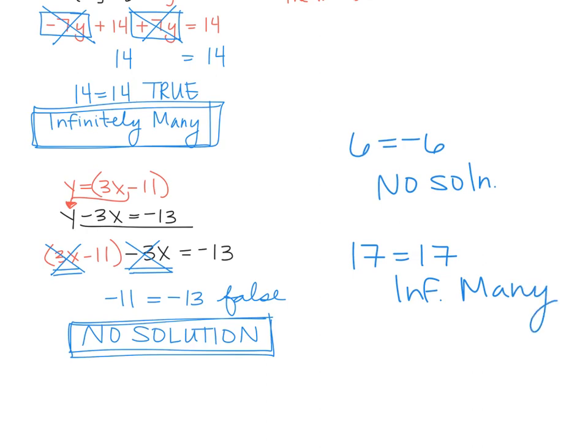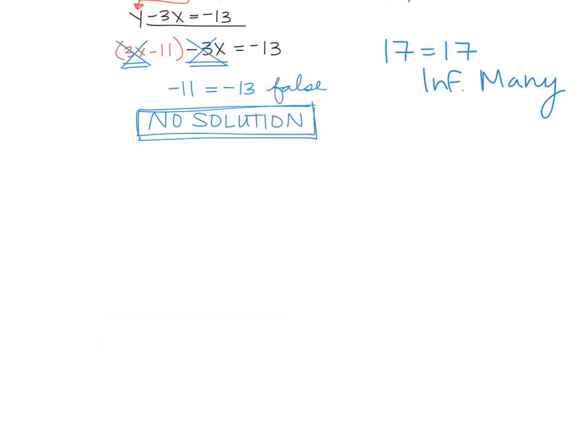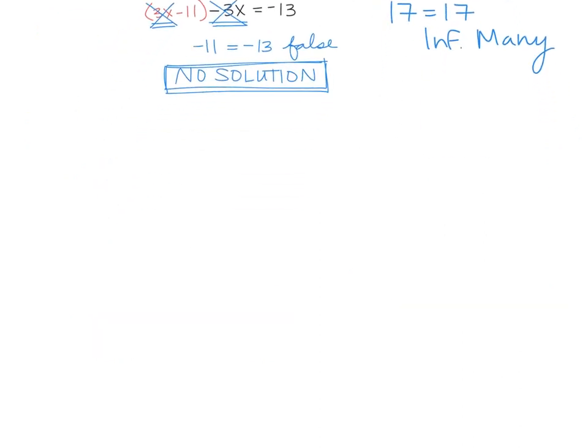Okay, questions on that? Okay, I'm gonna do a few problems just like yesterday's, just to make sure we're getting this. So here are your two equations. Your first equation is x equals y. Your second equation is x plus 2y equals 3. First step, isolate a variable.